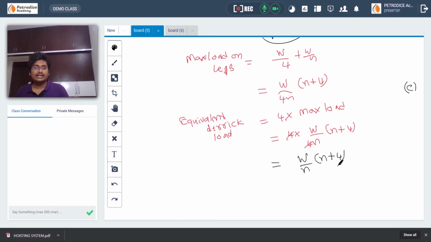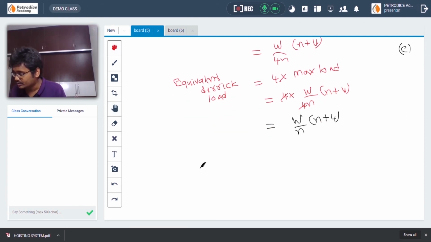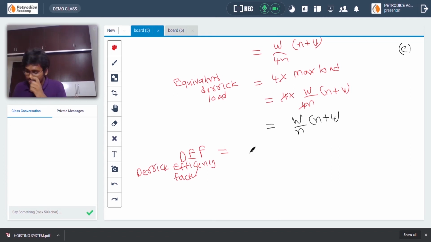Okay, then the derrick efficiency factor, DEF. Let's calculate the derrick efficiency factor. It is given by total derrick load.